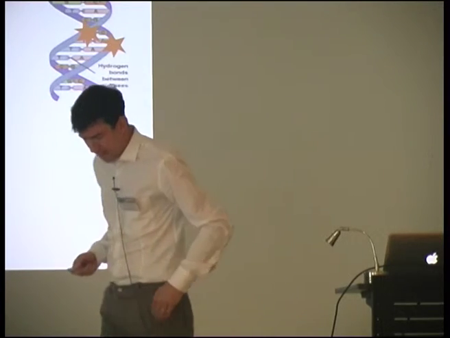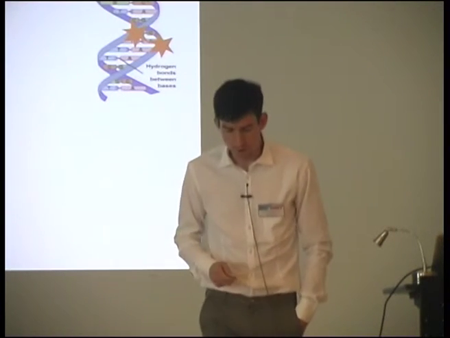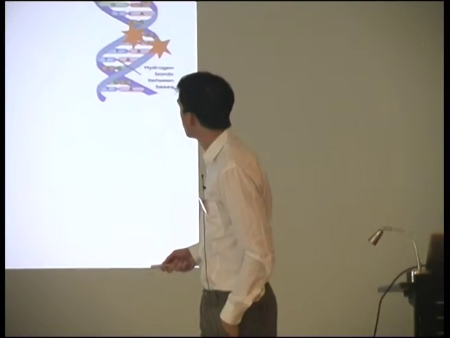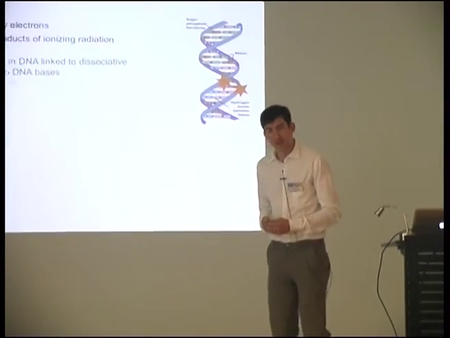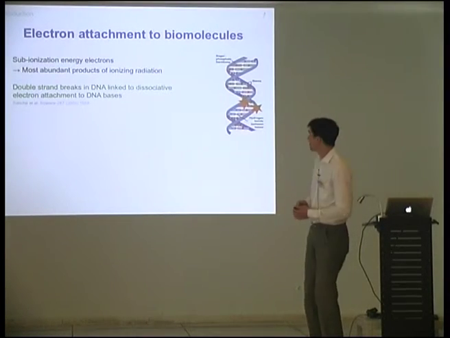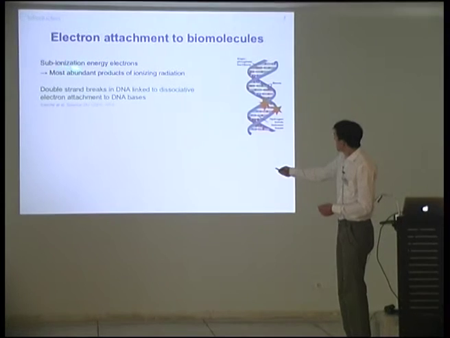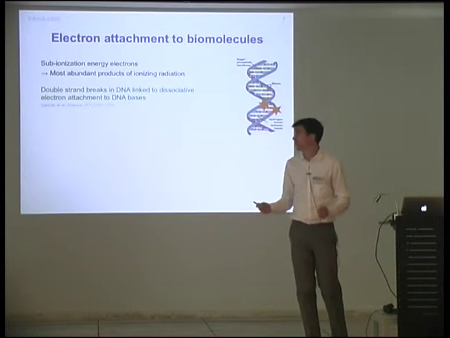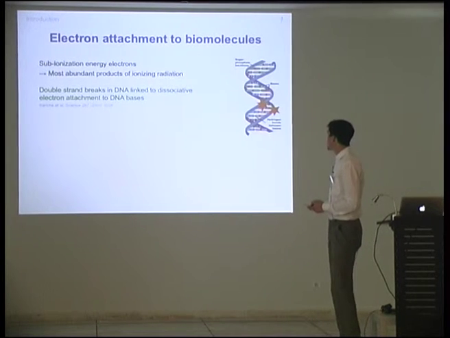That's the type of work we've been carrying out so far. Our new projects are focused on electron attachment, and I think we've covered quite thoroughly the motivations for looking at electron attachment and why that's particularly interesting. Briefly, sub-ionization energy electrons are the most abundant products of ionizing radiation.